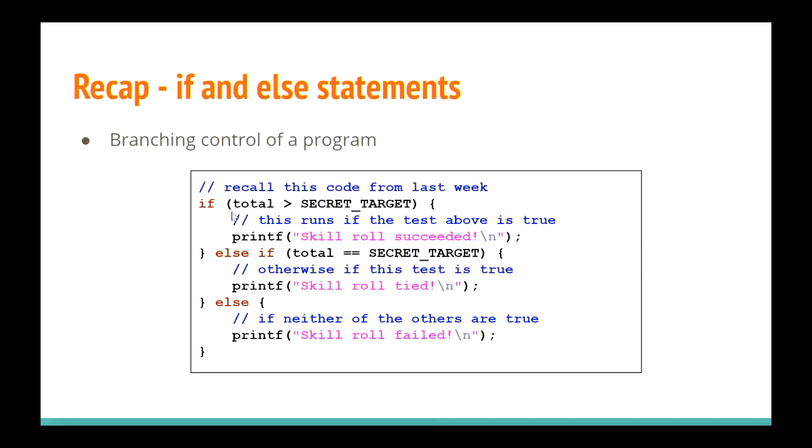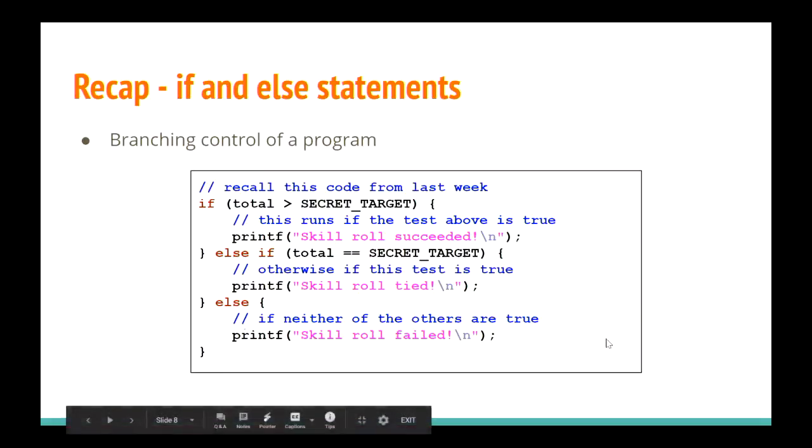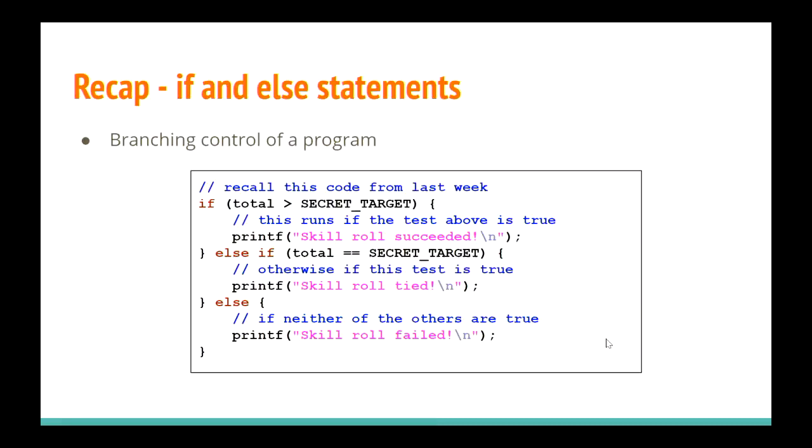So I could say if the total is greater than the secret target, then it says succeeded. Otherwise, if the total is the same as the secret target, I could say tied, and then otherwise I could say not. So if and else statements can be put together in chains like this. If this is true, what's inside the curly brackets after the if statement will run.